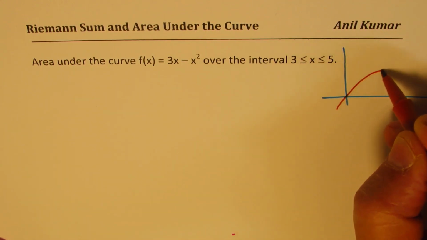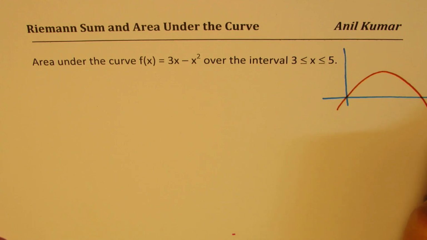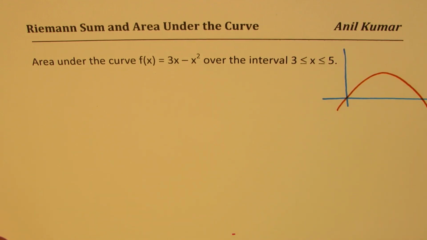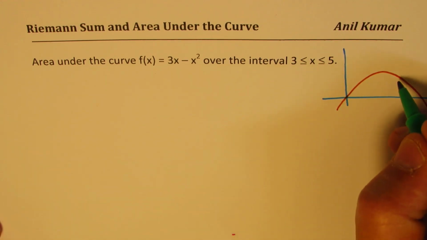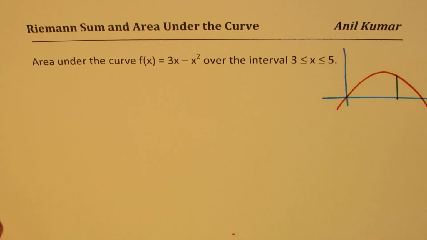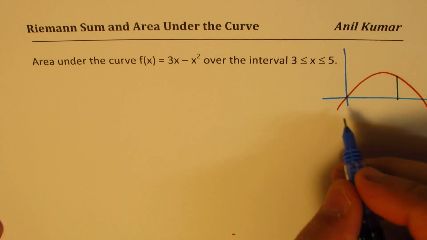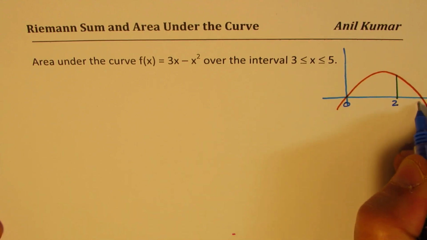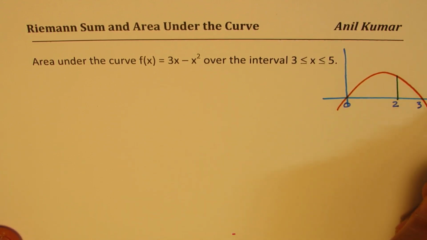So it's kind of like this, right? We have worked on the first half of this portion, and we know now the area between 0, 2 and 3, that is known to us. Now let us say this is the point 5 for us. We are now interested in finding this area.